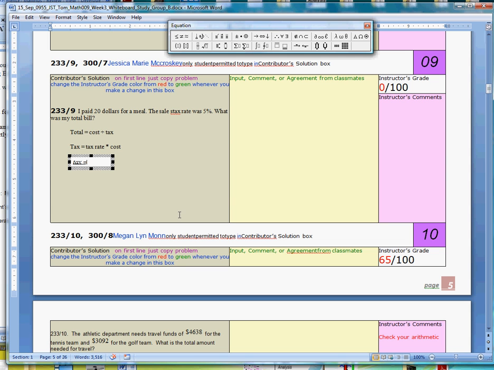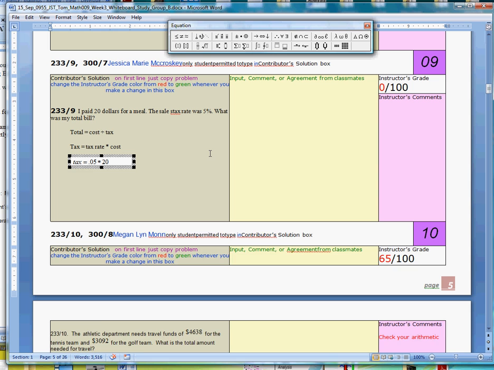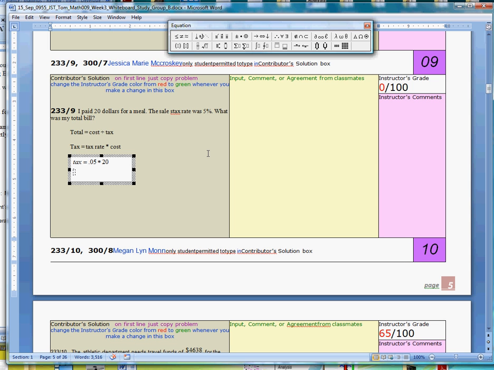Now the tax rate is 5%, so I have to change that into a decimal, so that's 0.05 times the cost of the meal, which was $20. So the next line is to calculate that out. Tax equals 0.05 times 20, which is $1.